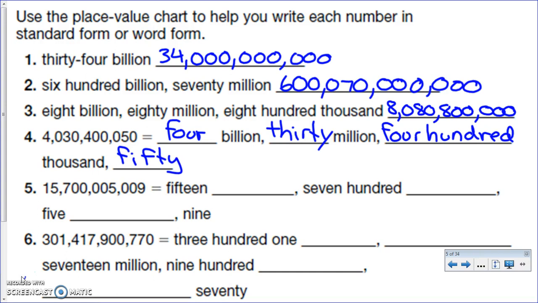So altogether, we have 4 billion, 30 million, 400,000, 50. For number 5, we have 15 billion, 700 million. Then we have 5,009. So altogether, we have 15 billion, 700 million, 5,009.